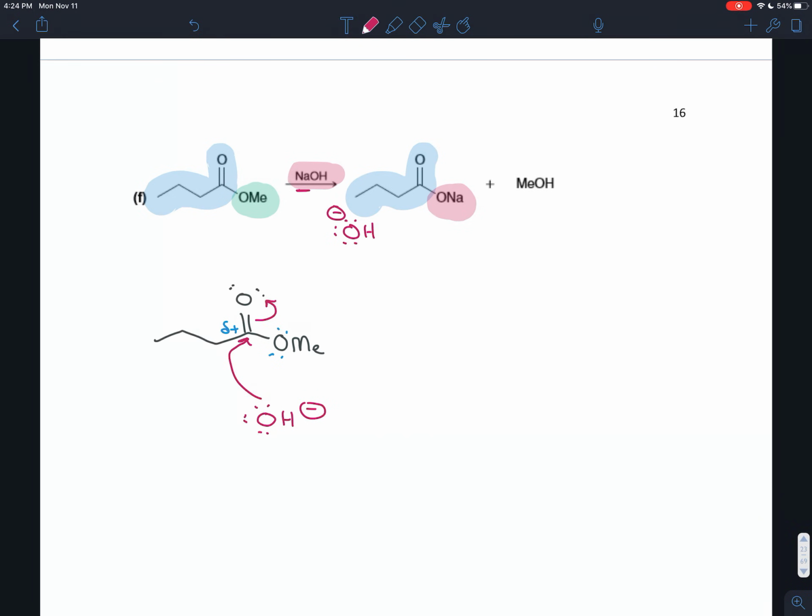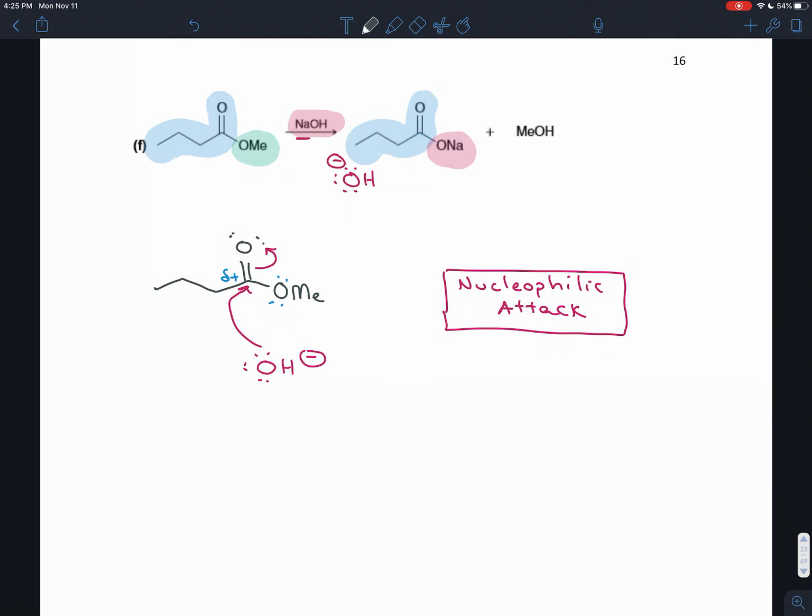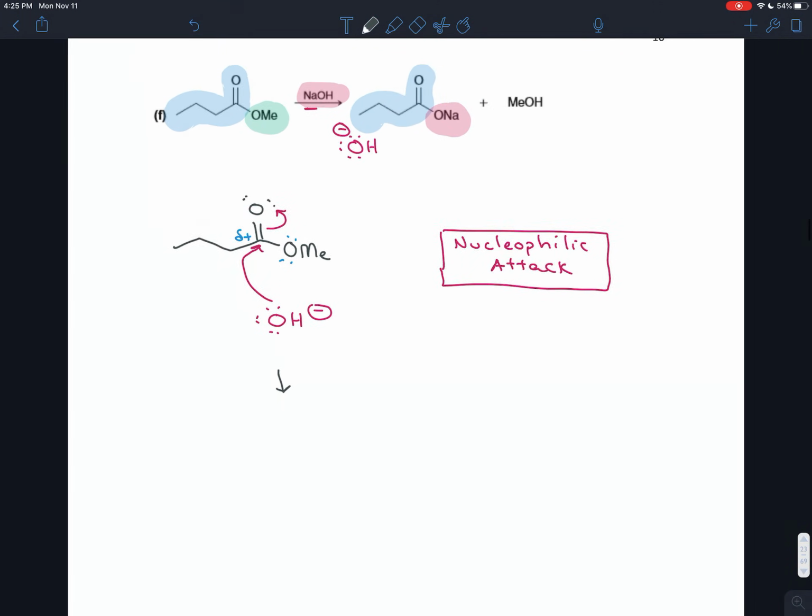The weakest bond breaks, that's the pi bond. The electrons go up onto the carbonyl oxygen, the most electronegative place nearby. And if you wanted to classify this reaction, it would be the first of the steps that always appear in nucleophilic substitution. That's nucleophilic attack. That nucleophile attacks, and it gives you the famous tetrahedral intermediate.